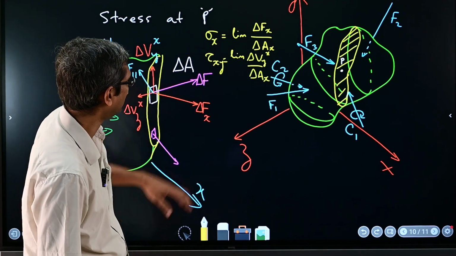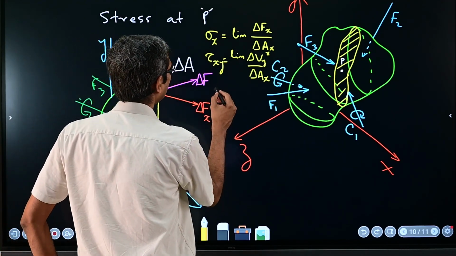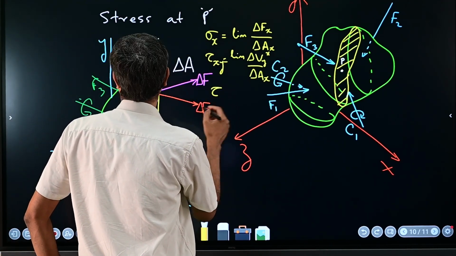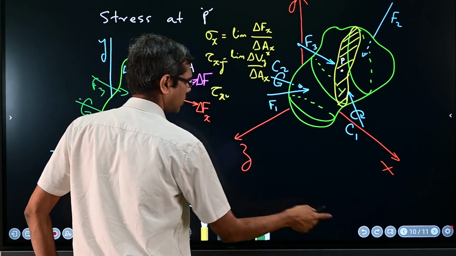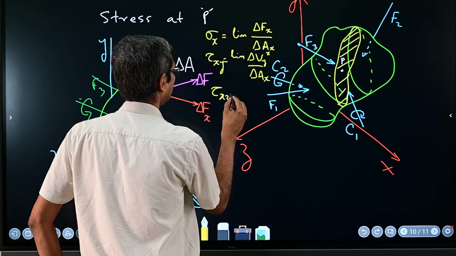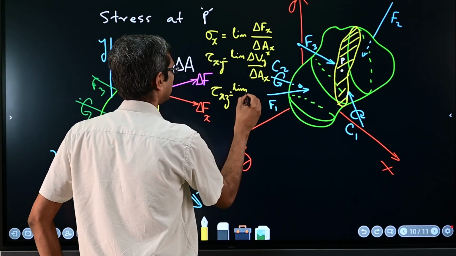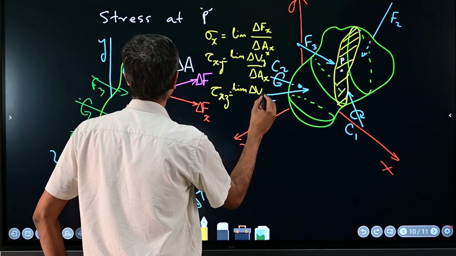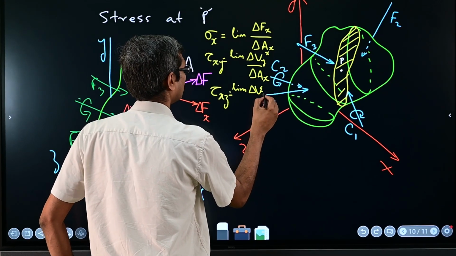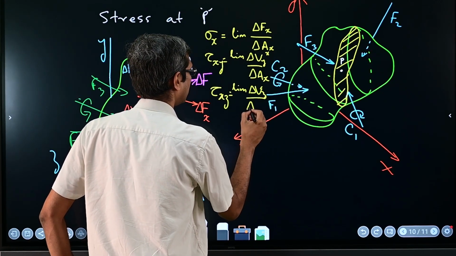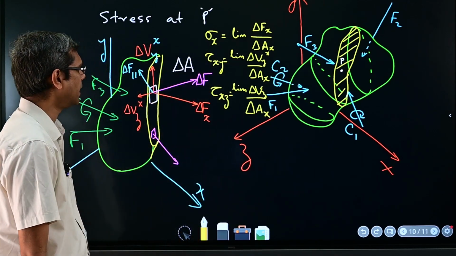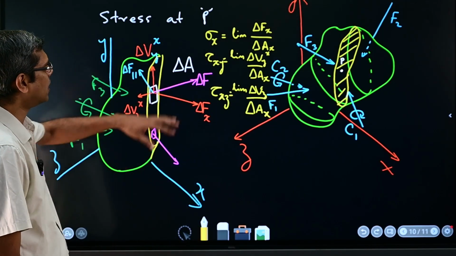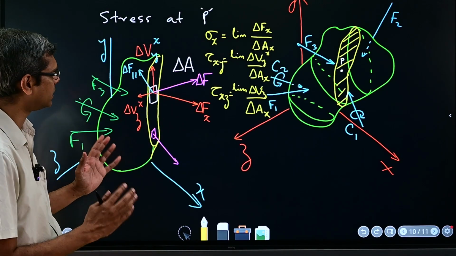I am not writing them, it will be very clumsy. And similarly this one will be tau xz, equal to limit delta Vz over delta Ax. Okay, so that's how we have defined three terms.